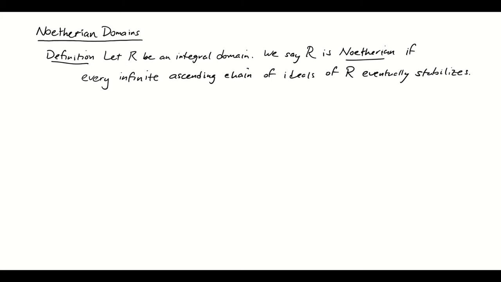So here's what that means. That is, if I0, I1, and I2, and so on, all of these are ideals.